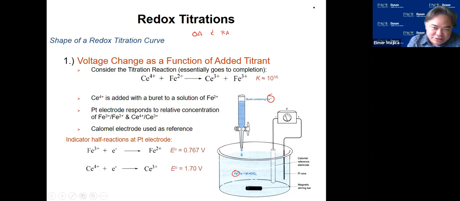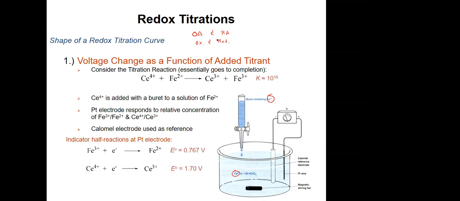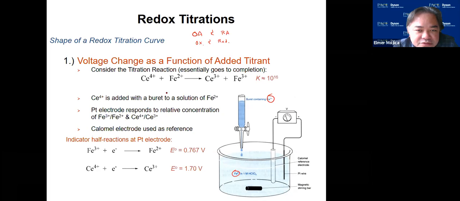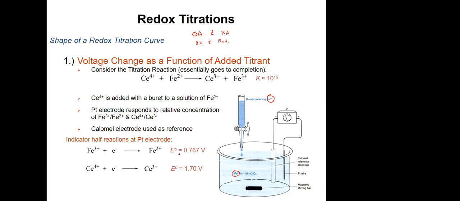Which is which? Which one is oxidized and which one is reduced? I think the cerium is oxidized and the iron is reduced. Okay. So wait, it might be the other way around. I think it's the other way around.